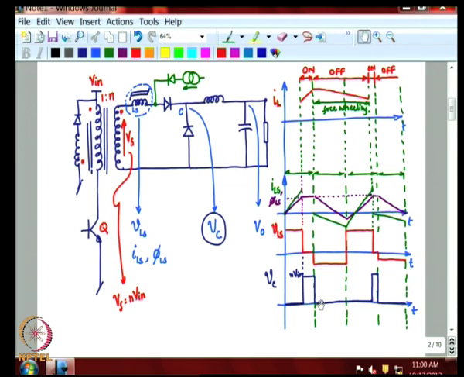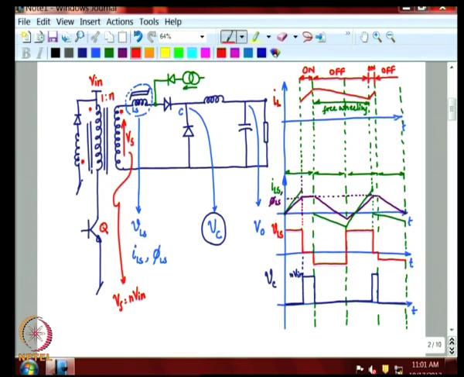During this time, this diode is always conducting, and the inductor is freewheeling for the entire portion. Only during this time you have the non-freewheeling time when the energy is put into the inductor.